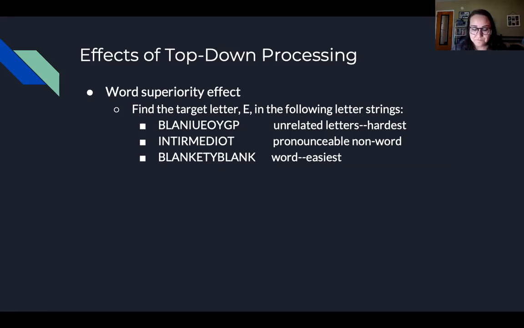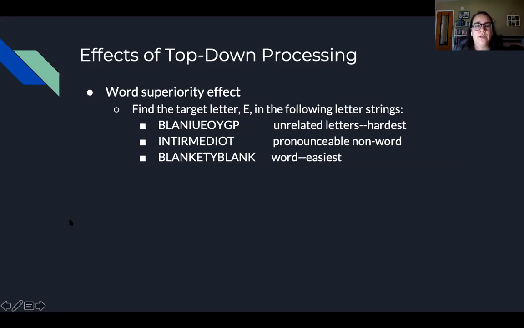This concept refers to the phenomenon that people are better able to recognize letters that are presented within actual words as compared to isolated or totally unrelated letters, just a bunch of gibberish. And they also better recognize letters in actual words in comparison to a non-word. It's pronounceable, right? In intermediate, it's pronounceable, but it's still a non-word.